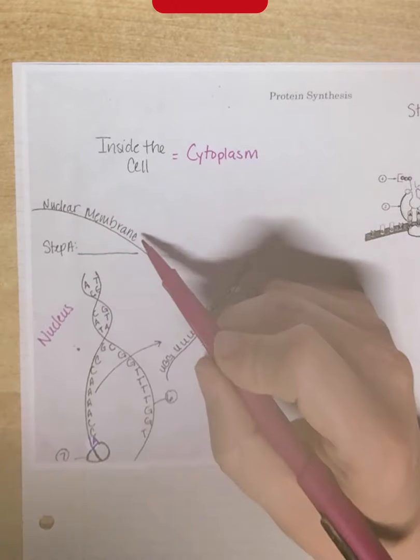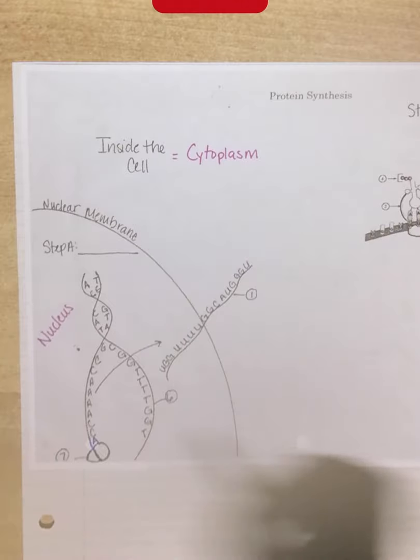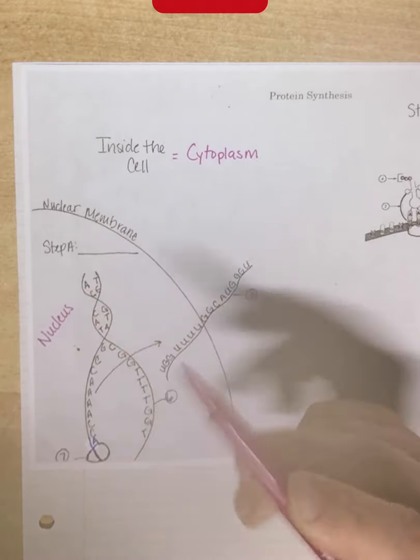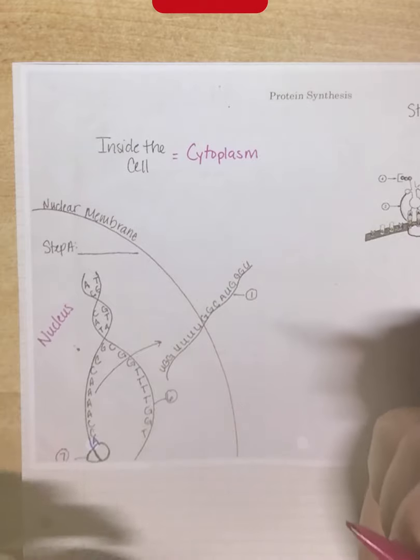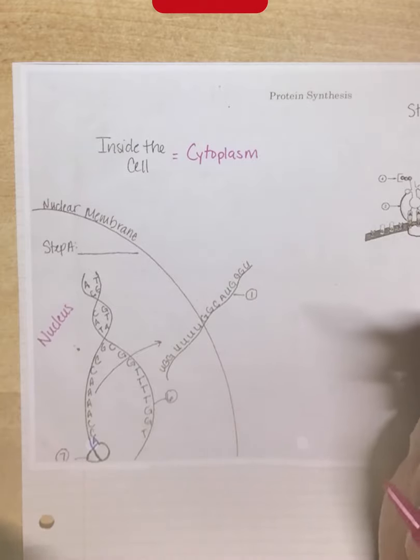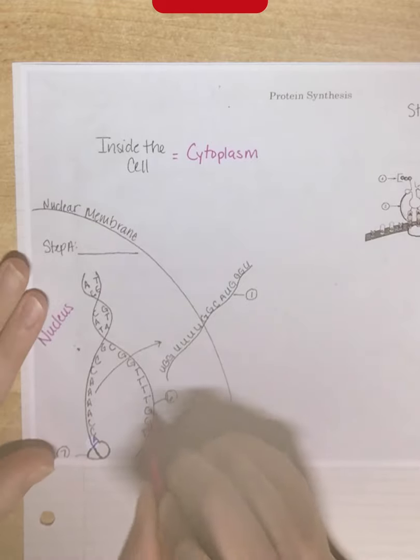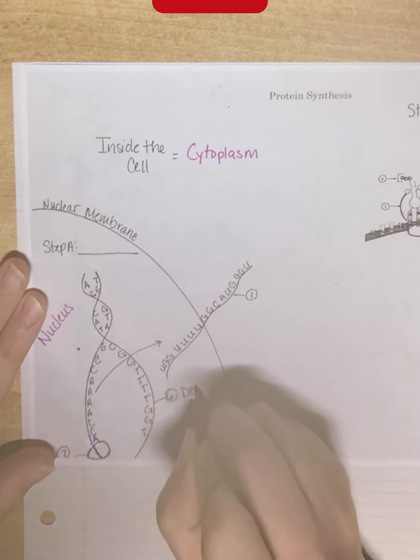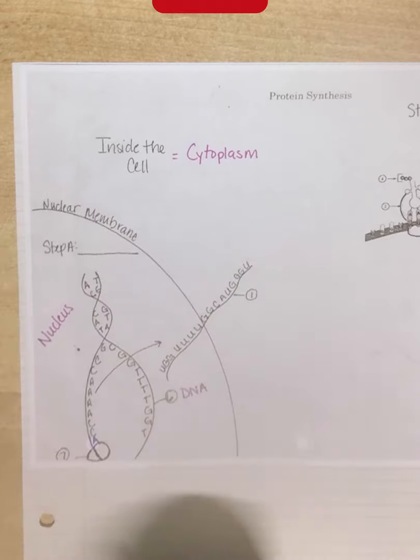Besides the fact that it says nuclear membrane, I can also tell that this is the nucleus because I find this molecule inside of it. That molecule has 2 strands that are twisted around each other that look like a twisted ladder, or it's referred to as a double helix. And it also has the base thymine in it. This is a DNA molecule.